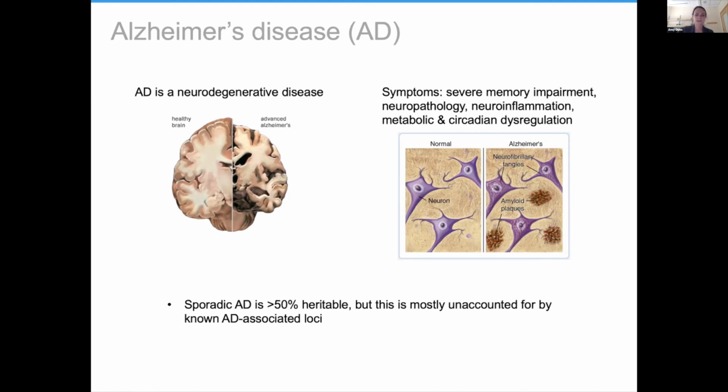Sporadic Alzheimer's disease is more common, and it's also quite heritable. But most of the heritability is unaccounted for by what we know about Alzheimer's genetics. So there's a big chunk of missing heritability, and our lab is interested in chipping away at that by looking at gene environment interactions.